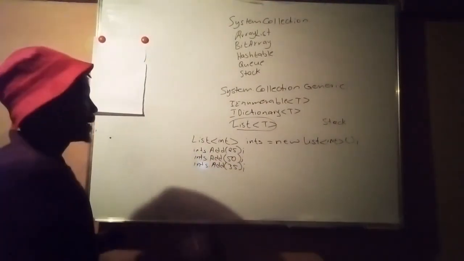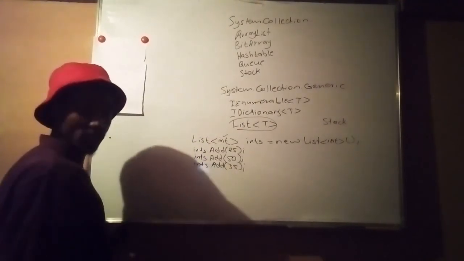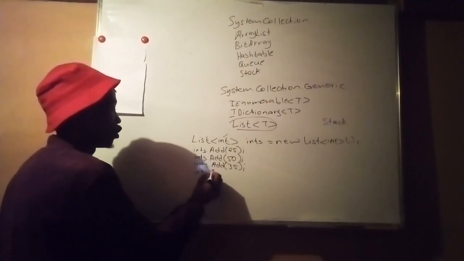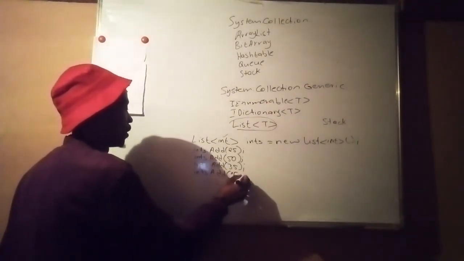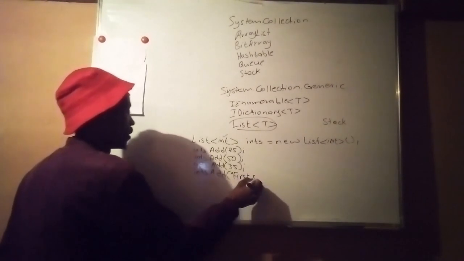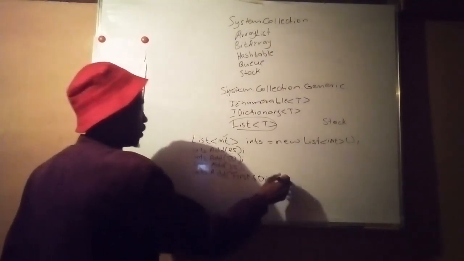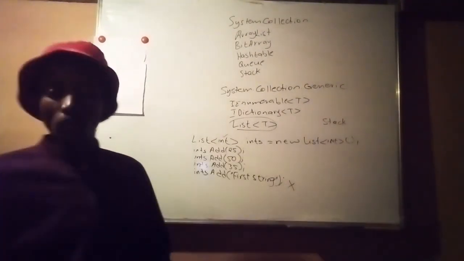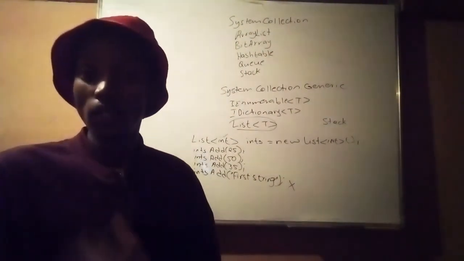If you try to add anything that is not an integer, because here you have told it to only accept integers, if you try to add it anything that is not an integer, like so, this generic type is going to tell you that, you know what, you must be smoking something.